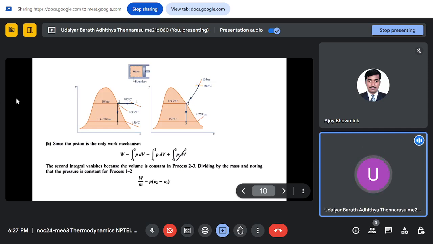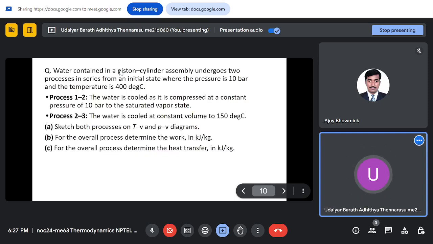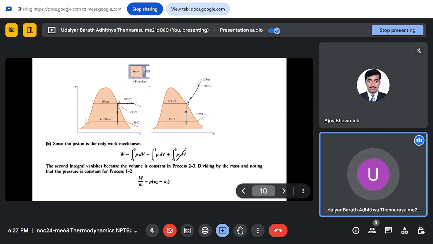So you see, this is the piston arrangement. You have water. Initially you are compressing at constant pressure from state 1, which is at 400 degrees Celsius and a pressure of 10 bar. If you see in a PV diagram, this orange region is your two-phase region, a mixture of vapor and liquid. They're saying at 10 bar and 400 degrees Celsius.